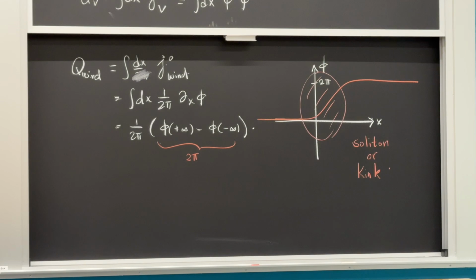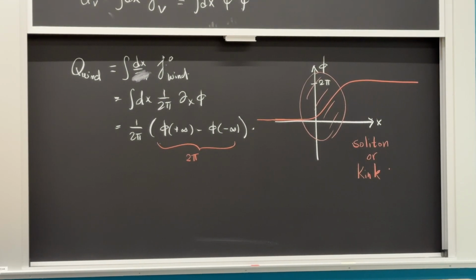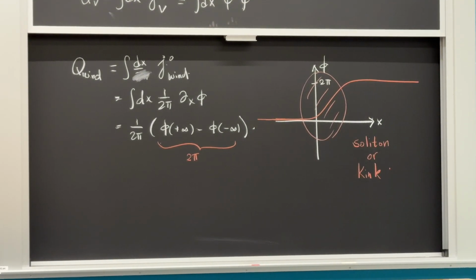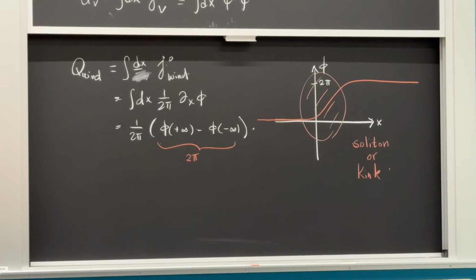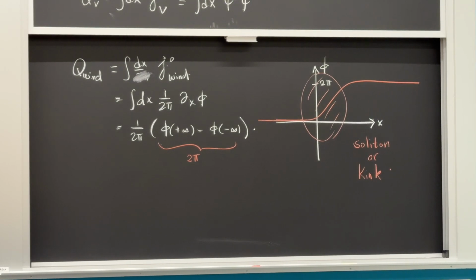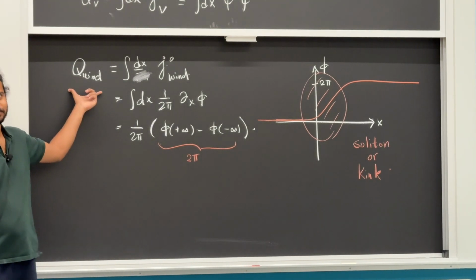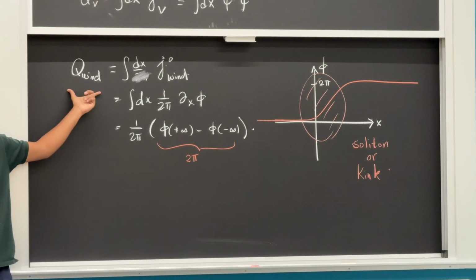Alright. Any other questions? Is there any reason to consider enforcing that Q wind be anything other than 1? No, I can choose any integer. Okay, Q wind has to be an integer because it's quantized, just like Q wind is also quantized, right?